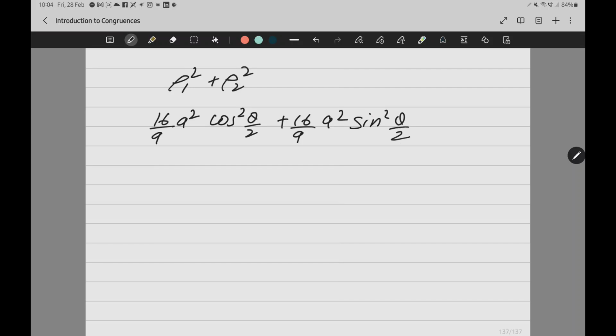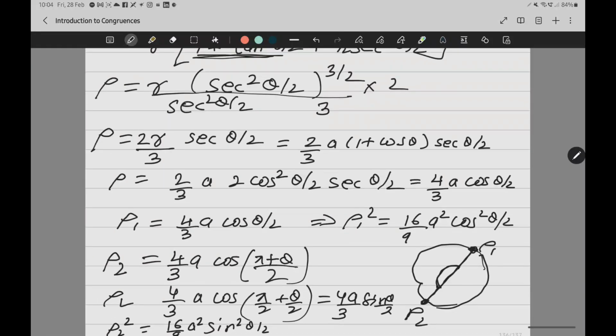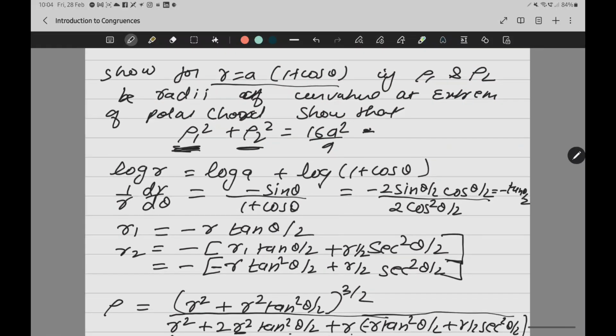Correct? So now here 16 by 9 a square is common, sine square plus cos square is 1. So I got this as my answer. Let me check whether my answer is correct or not. Yes, we are correct.